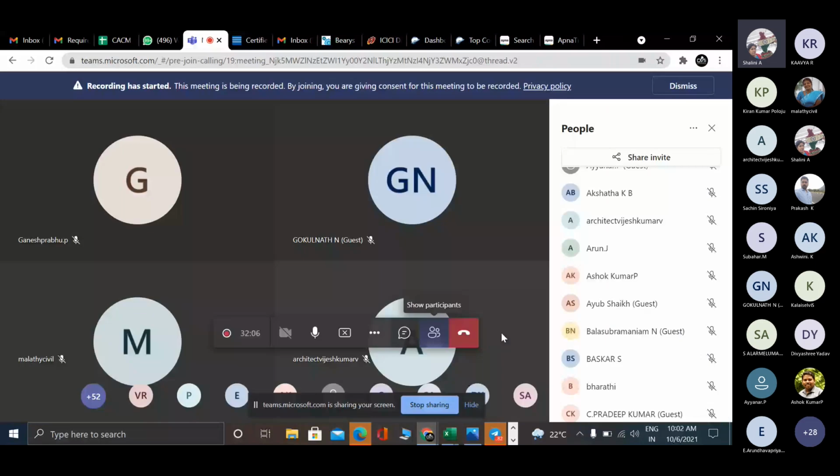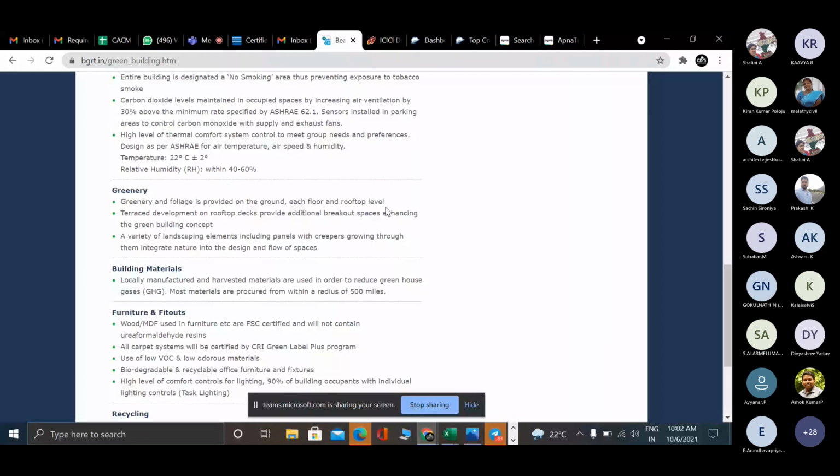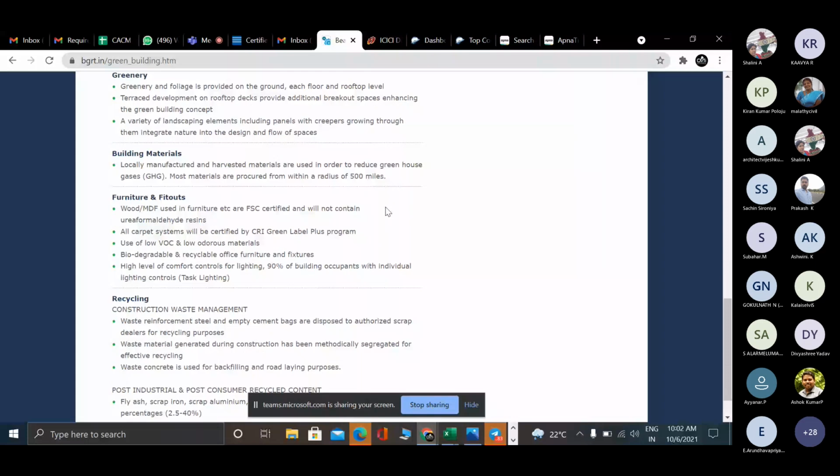Thank you. So the next point is about the green materials we used, and what furniture and fit-outs were used for the construction and by the occupants. All the things are evaluated for the carbon footprint, and they've used materials which are certified. There are so many agencies for the certification.